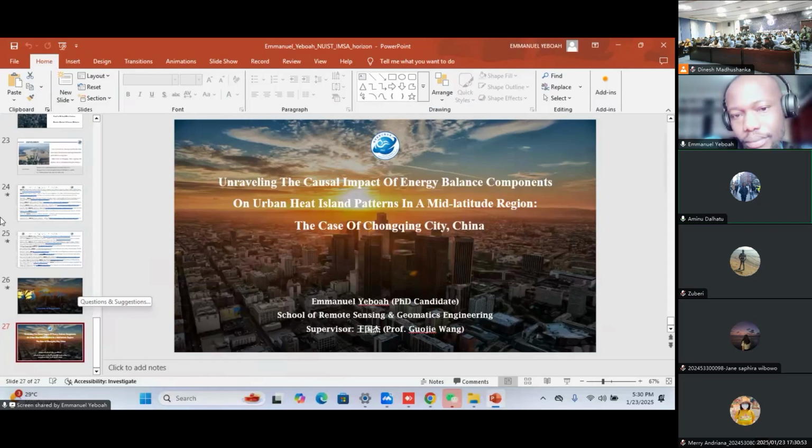Can we say it has no impact, or is it better to say it has no significant impact? We know that urban heat island can cause heating effects and can also have impacts on the environment. That was my question. Thank you.